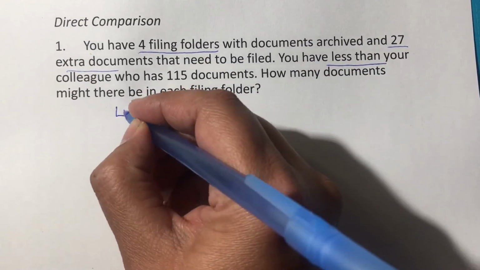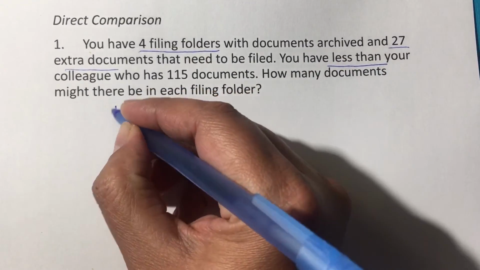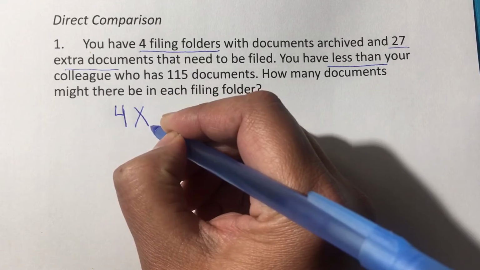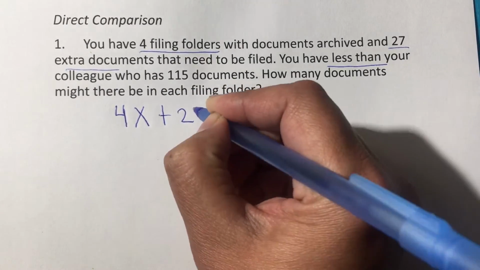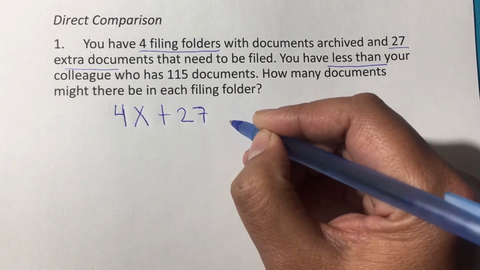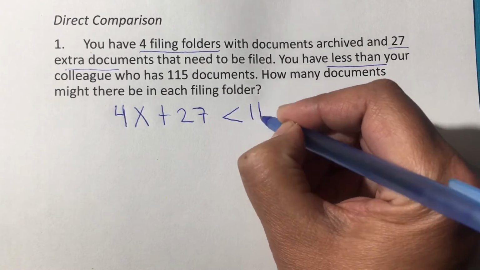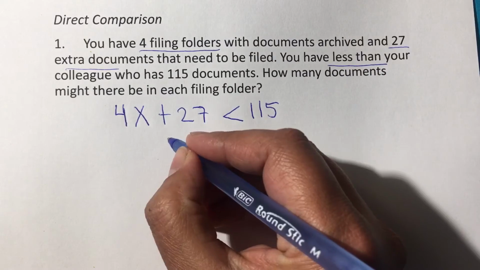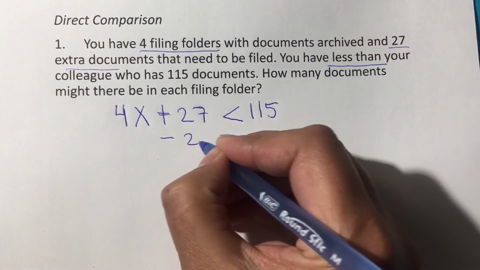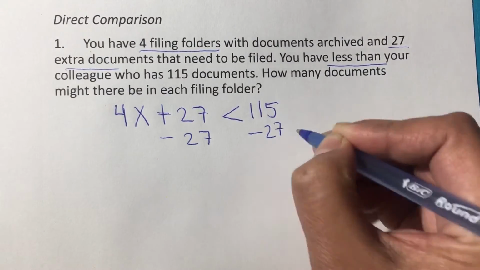So you have 4 filing folders with documents inside and 27 that need to be filed. You have less than your colleague who has 115. Now we're going to solve just like we do with equations.